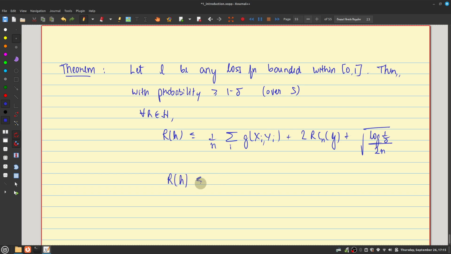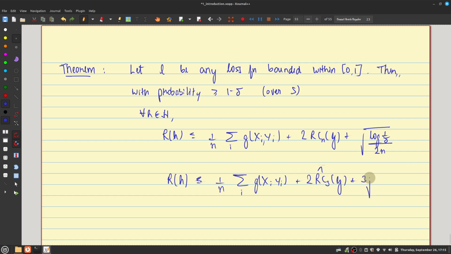I can also show the empirical risk plus 2 times the empirical Rademacher complexity plus something that's a little larger, 3 times square root of log 2 over delta divided by 2n.